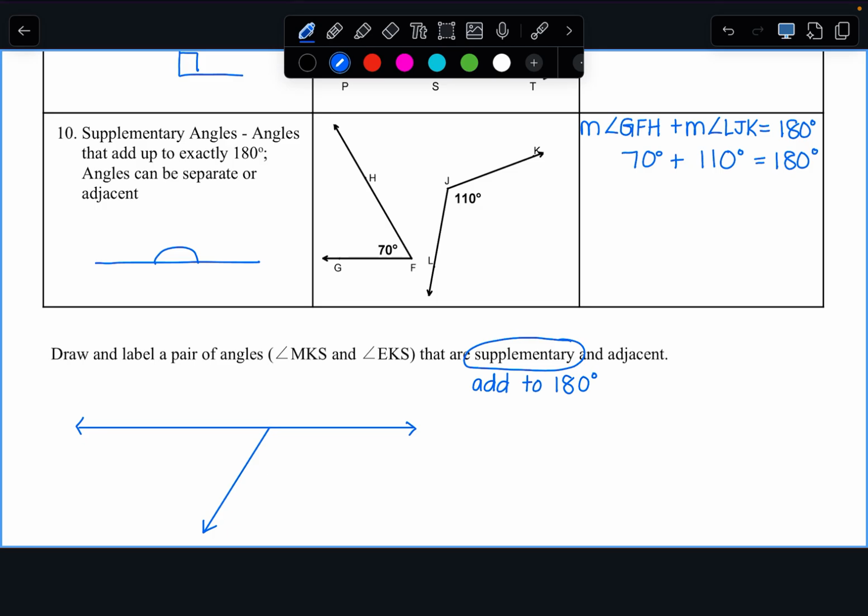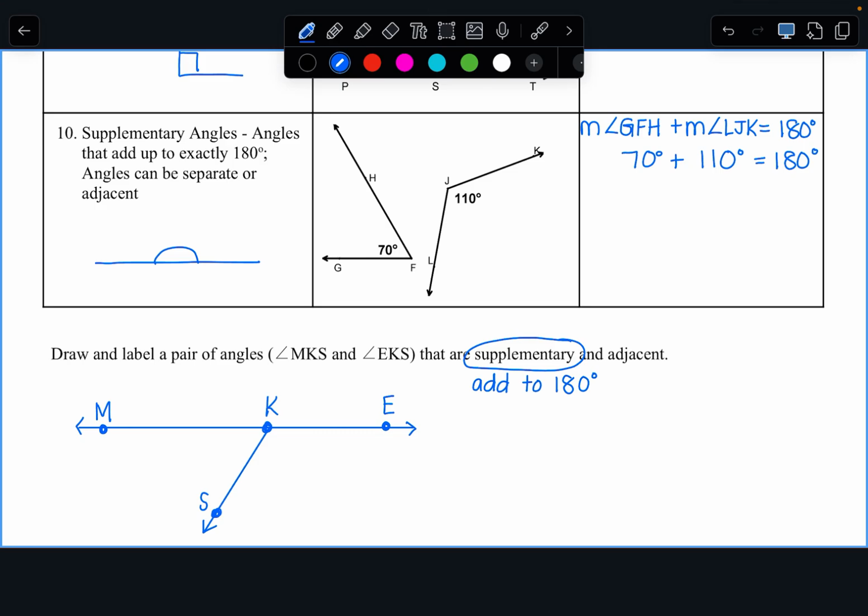So MKS is one angle, and EKS is the other.